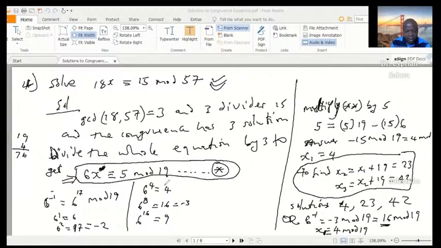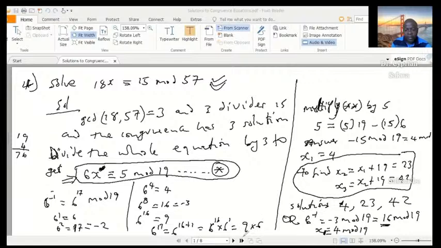And so, what do I want? I want 6 raised to 17. So 6 raised to 17 would then be 6 raised to 16 plus 1, which is 6 raised to 16 times 6 raised to 1. But 6 raised to 16 is what? It is 9. 6 raised to 1 is 6.